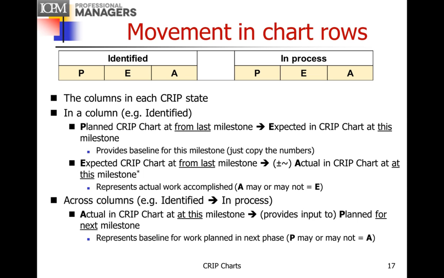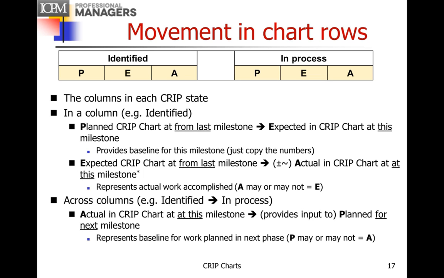The expected CRIP chart number from the last milestone moves into the actual at this milestone, assuming that the work accomplished equals what we expected. If we achieved more or less, the number will be different. And I'll show some numbers going through the charts in a moment.